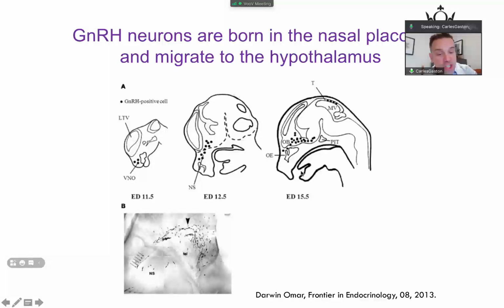So embryologically, why is this important? Because the nasal placode that codes for smell also codes for some neurons that will give rise to the reproductive system.